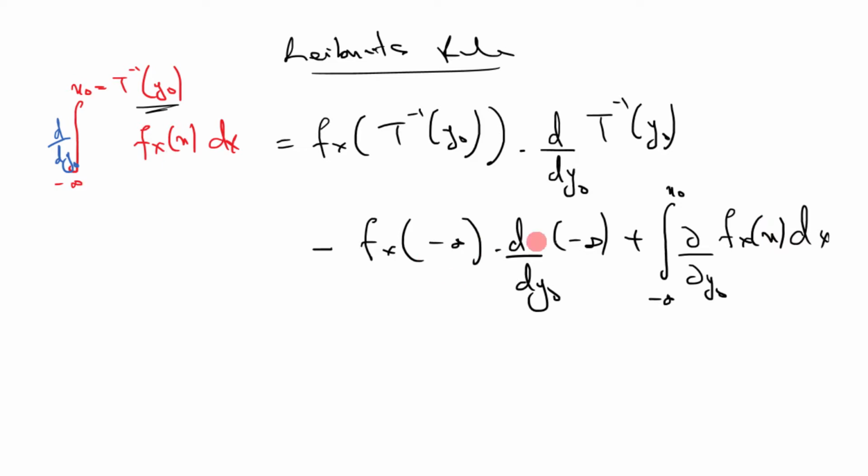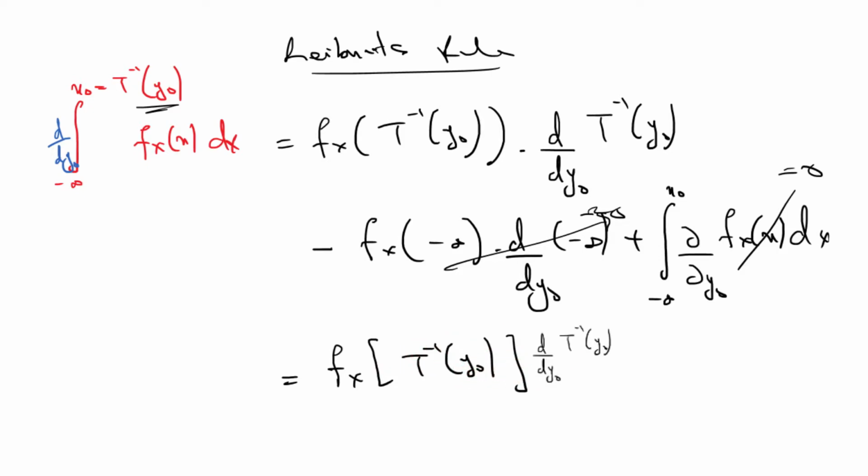So again this term will be 0, this term will be 0, because it is a function of x and you are differentiating with respect to y naught. So the right hand side will be equal to fx of t inverse of y naught minus 0 plus 0, and it is fx of t inverse of y naught.